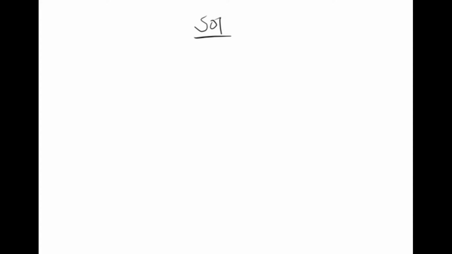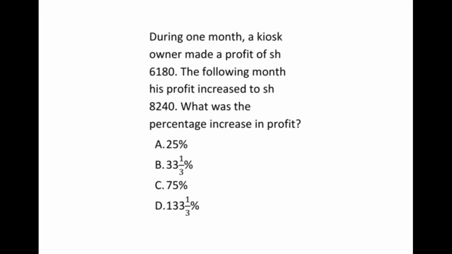We are told that the profit which the owner made is 6,180. Then the following month it increased to 8,240. Therefore, for us to get the increase, we take 8,240 minus 6,180.